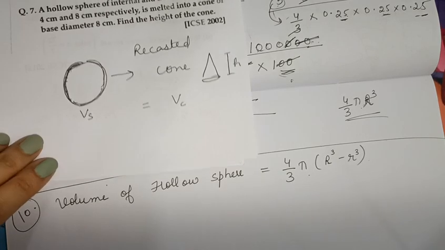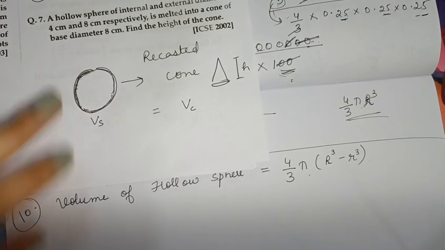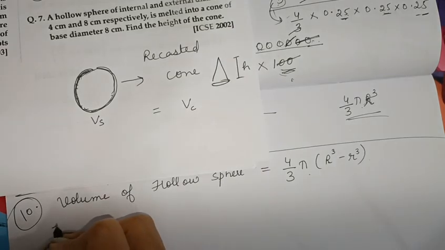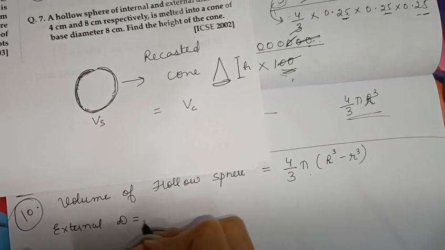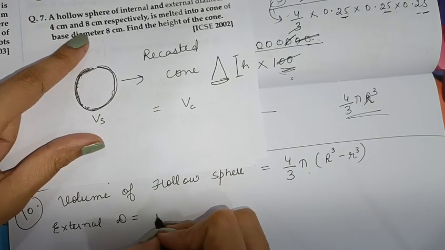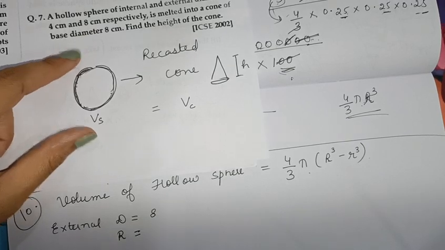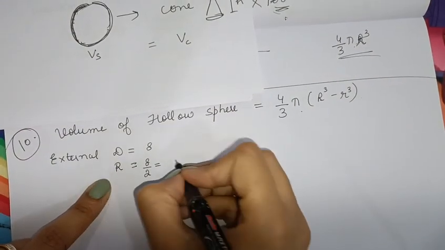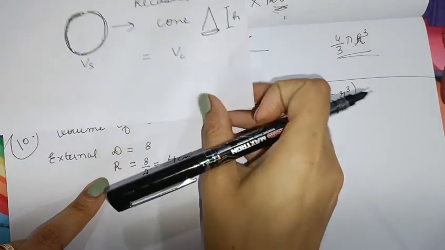Now first of all let's write the given things. In this one, hollow sphere's internal and external diameters are given to us. External diameter is equals to 8. That means radius with capital R, I am writing, it will be 8 by 2, which is equals to 4 centimeter.